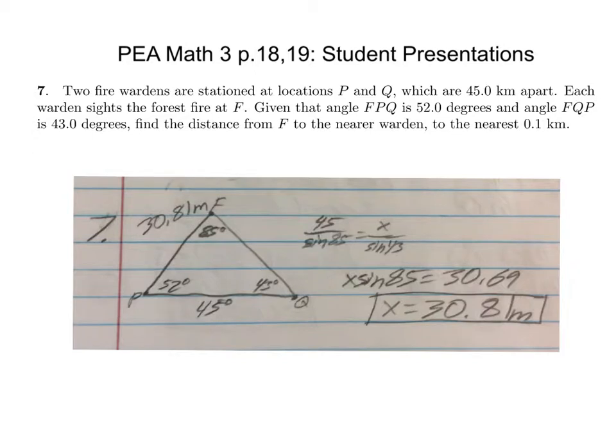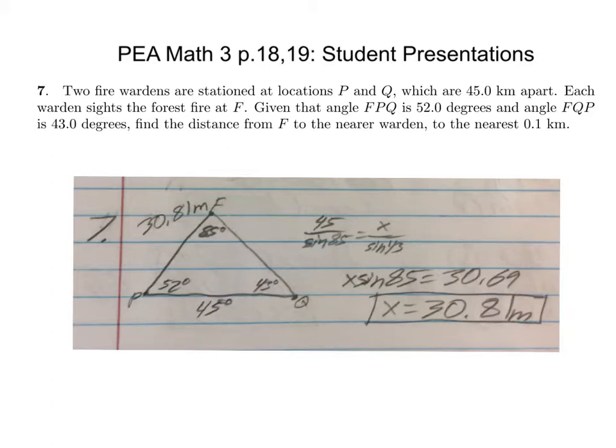So, page 18, number 7 says that 2 fire wardens are stationed at locations P and Q, which are 45 kilometers apart. Each warden sights the forest fire at F. Given that angle FPQ is 52 degrees and angle FQP is 43 degrees, find the distance from F to the nearer warden to the nearest 0.1 kilometer. So for this problem, you're going to need to use the law of sines.